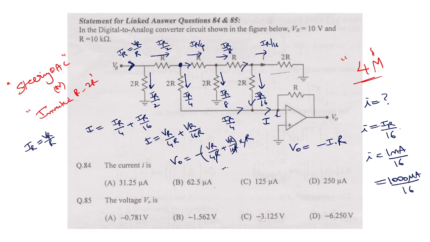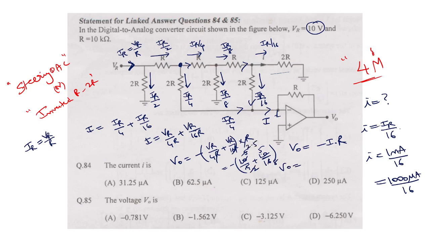So what is this? Minus. VR is 10 volt. 10 by 4 plus 10 by 16. This is 5 by 2 plus 5 by 8. So what is this? This is 2.5.